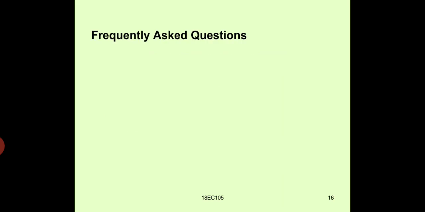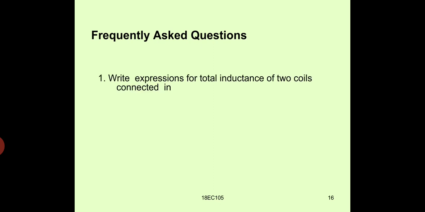So let us look at the next one. This is to know about some frequently asked questions in the topics we have just now discussed. So first one, write expressions for the total inductance of two coils connected in parallel: A, parallel aiding, then B, parallel opposing.